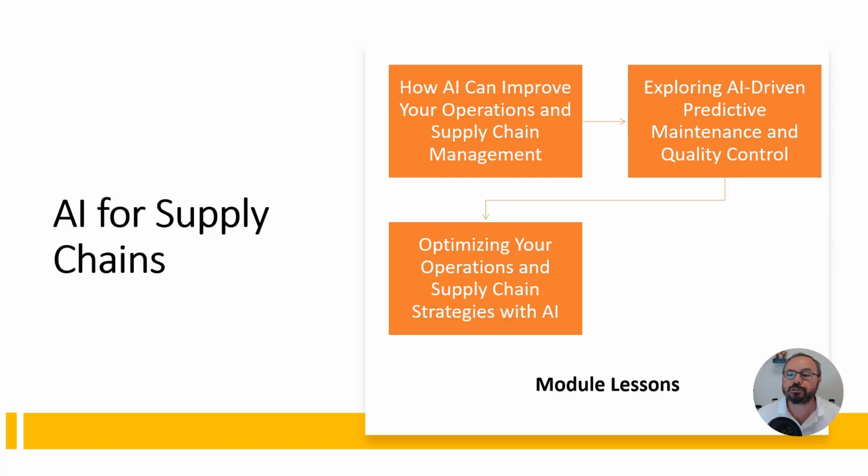We also want to understand how predictive maintenance and quality control can be applied using AI. Lastly, we want to be able to use AI to optimize our supply chain and look at some of the strategies we could use to accomplish that. We have a lot to learn in this module, so let's proceed on to the first lesson of the module.